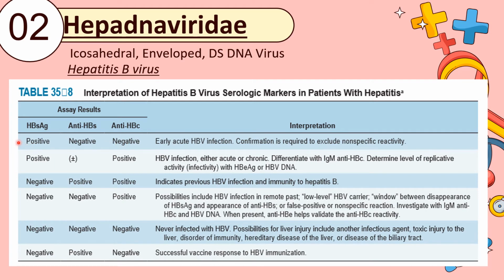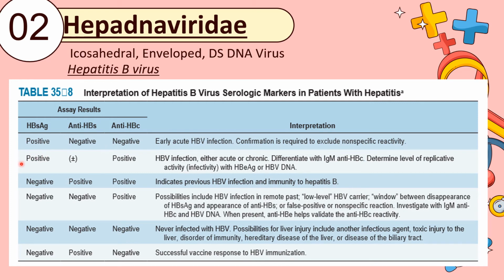If your results give a positive HBs antigen, a negative anti-HBs and negative anti-HBc, remember from the previous slide that your HBs antigen is a marker of acute infection, and since no antibodies were produced yet because they are still negative here, it is an indicator of early acute infection.